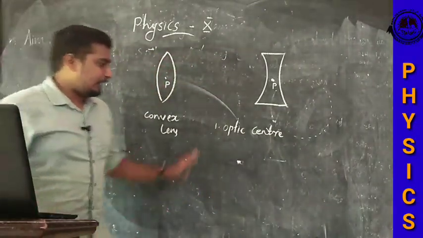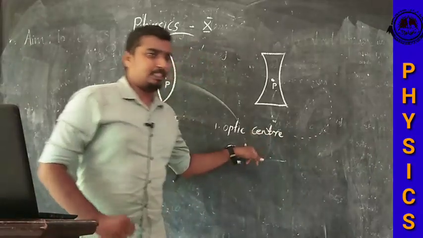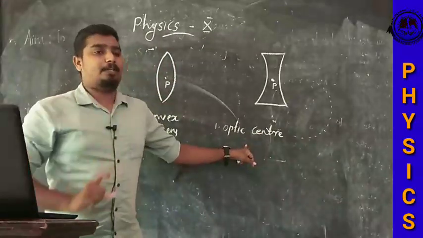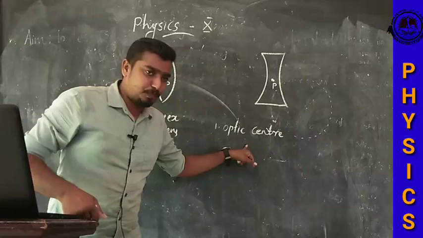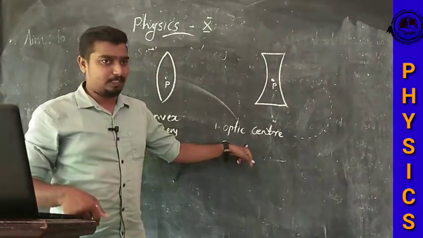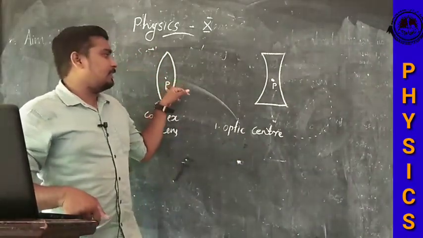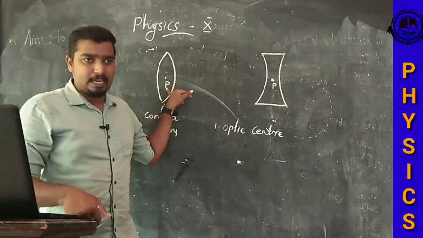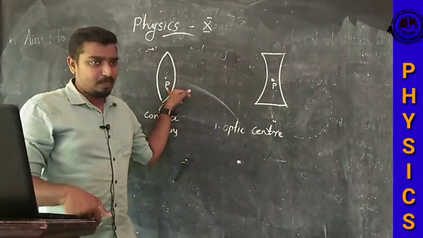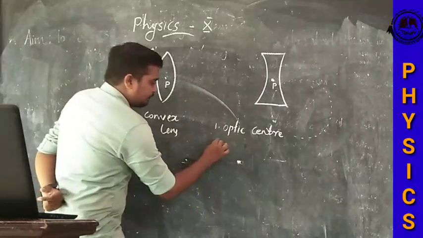That is the first term, optic center, the midpoint of a lens, represented as P. Clear? Okay.